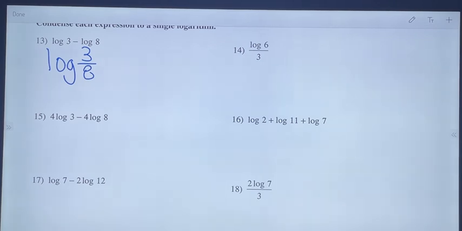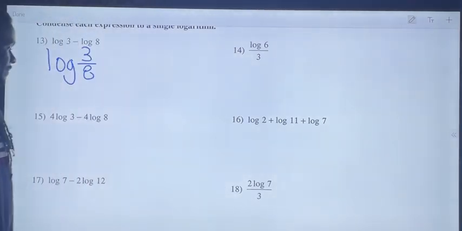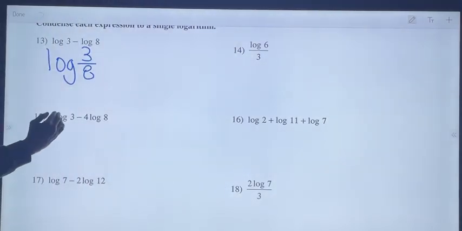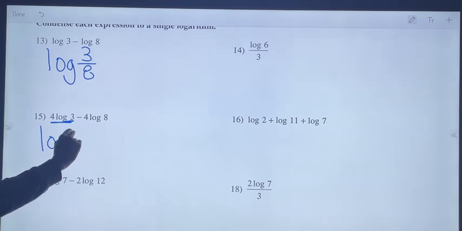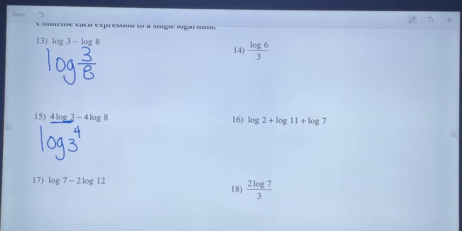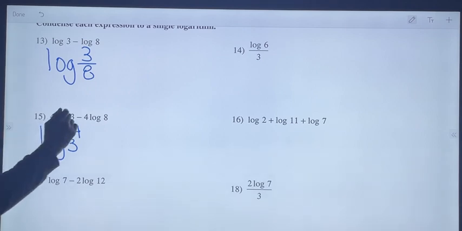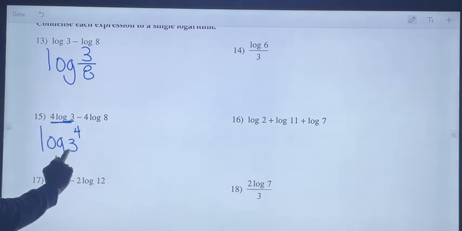It becomes log 3 to the power of 4. And that's being divided by, because you're subtracting, right? So over log 8 to the power 4. Divided by.